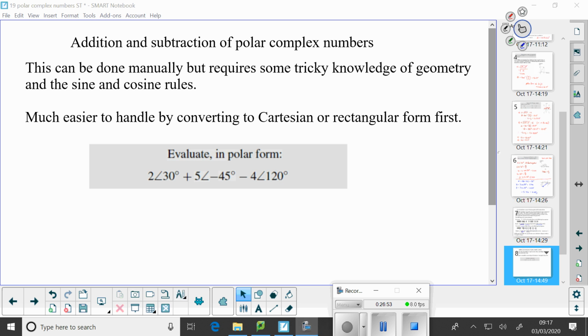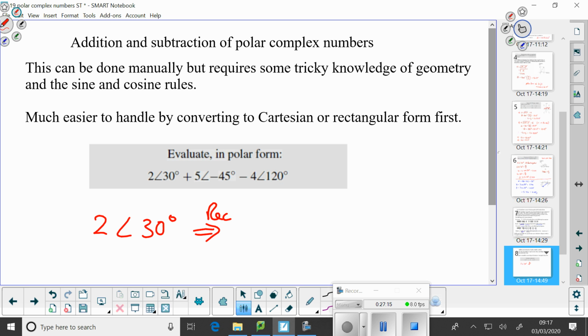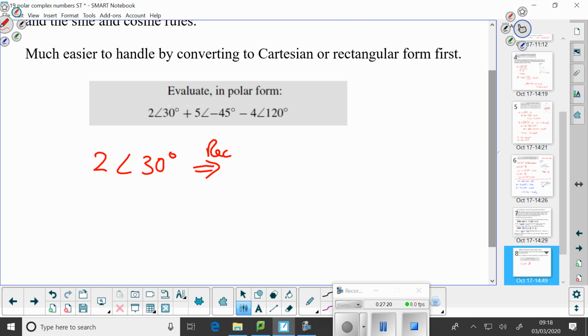So with your newly armed skills, and here we've got our angles in degrees, so you need to switch back to degrees mode, and convert those 3 numbers to rectangular form. Something like that to express what you're doing. And then 5 angle minus 45 degrees.